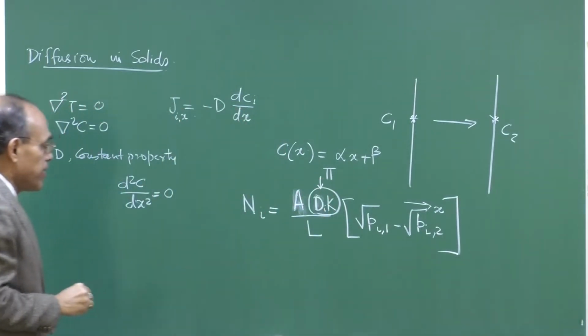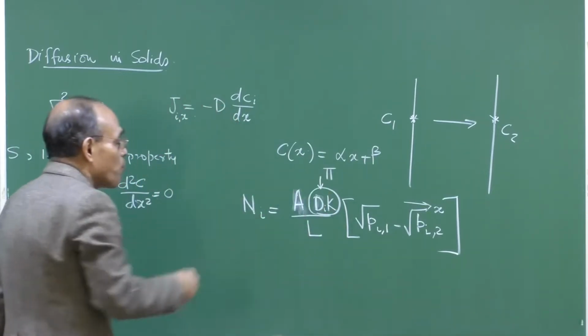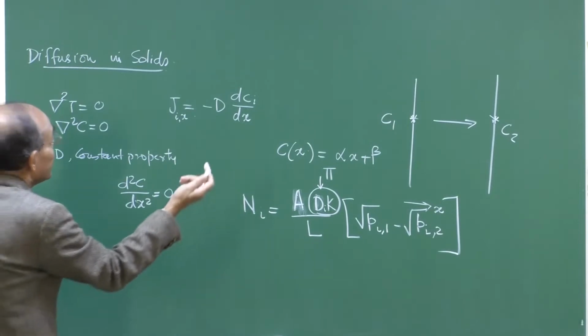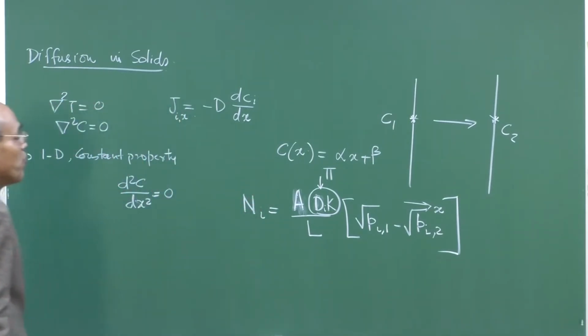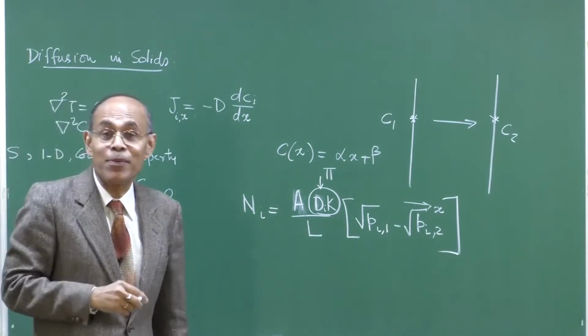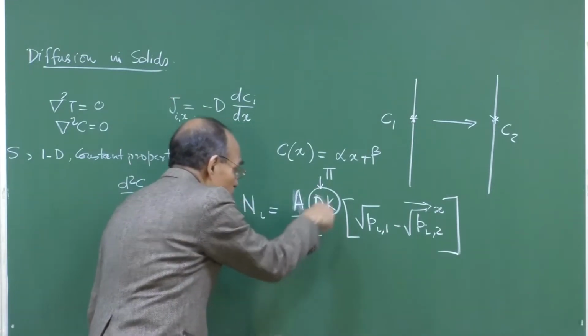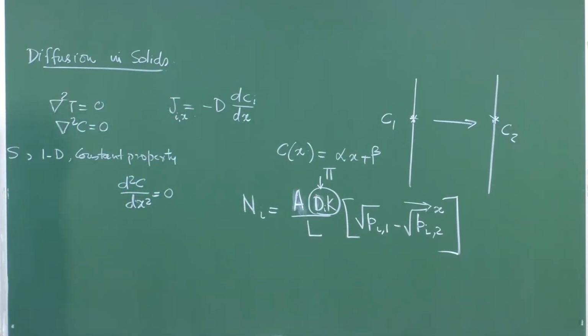I stand corrected. So, do not get scared if the data is provided to you not specifically in terms of diffusion coefficient and the Sievert's law constant, but given as a combined variable known as the permeability. So, you know that it is the product of the two parameters which have been given to you.